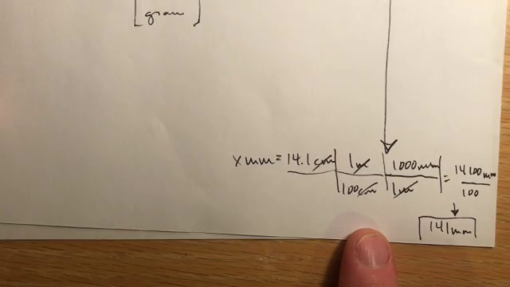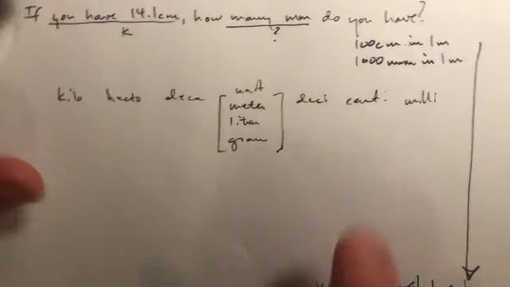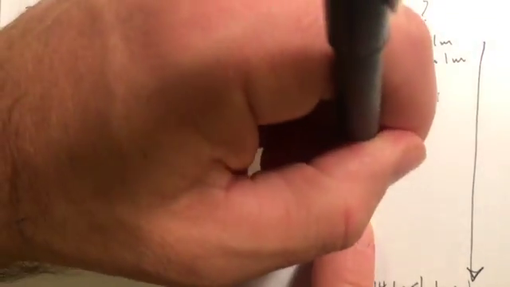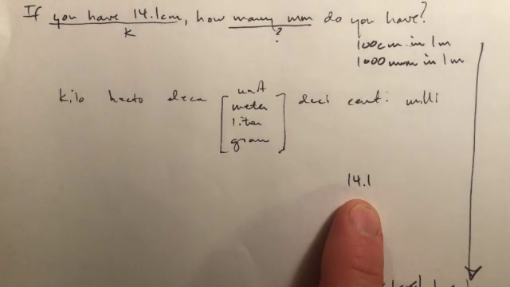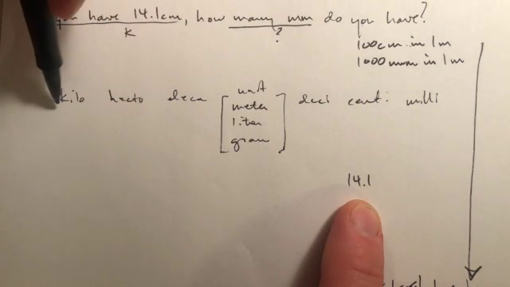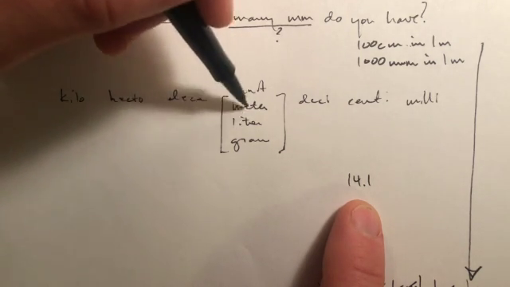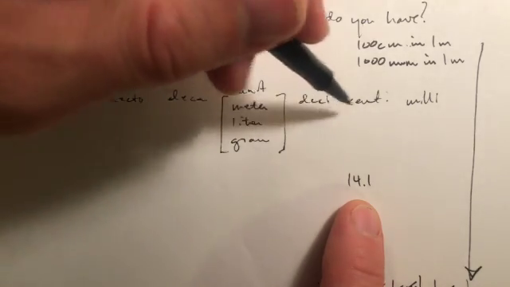Now, if I'm changing metric to metric, there is an easier way. So, if I have 14.1 centimeters, I write 14.1 there, but here I've listed out all of the metric prefixes. Kilo, hecto, deca, unit, which can be a plain old meter, liter, or gram, deci, centi, and milli.